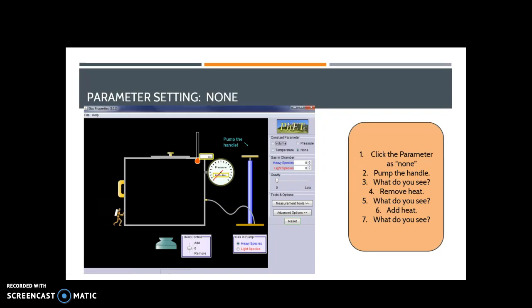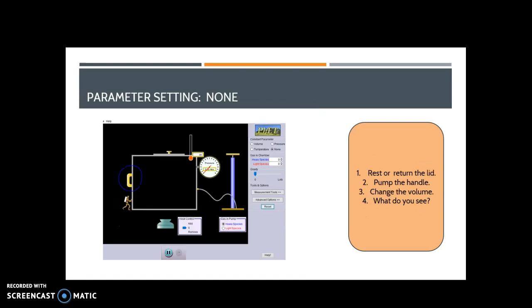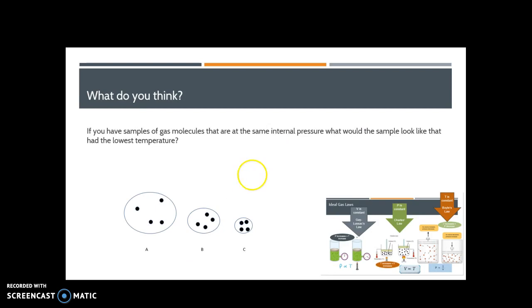Noticing what happens when you add pressure. What happens when you add temperature? What happens when you change the volume? So the questions on the discussion quiz can be related back to this lab.